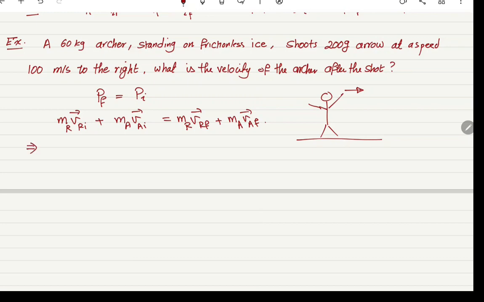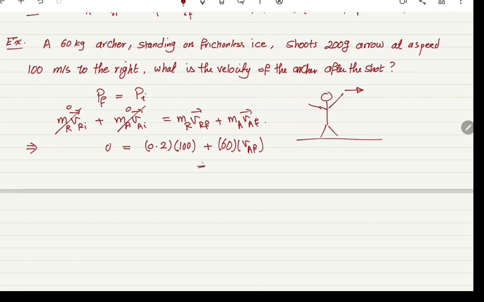And remember, before the archer shoots the arrow, both the archer and the arrow are at rest, which means these initial terms are 0. Now 0 equals the mass of the arrow, 0.2 kilogram, times the final velocity of the arrow, 100, plus the mass of the archer, 60, times the V archer final.